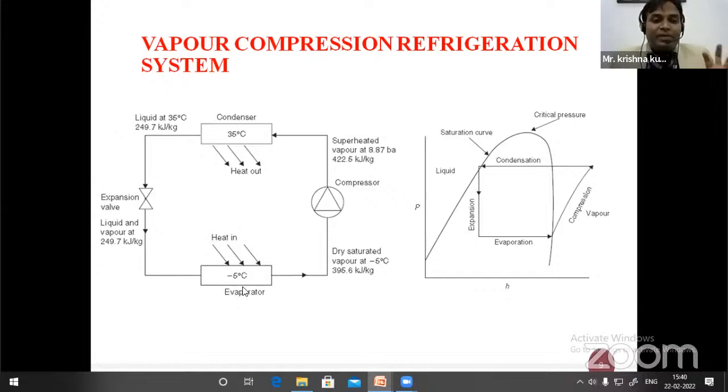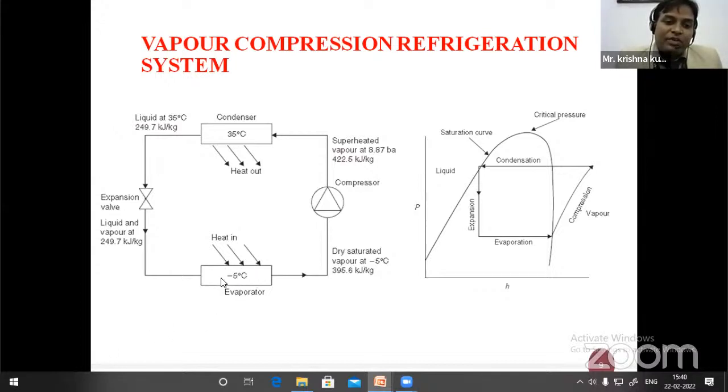And that refrigerant in the piping system is basically R134A. So the temperature of the refrigerant is reducing and increasing, and according to that our space is getting cooled. Here you can see the temperature of the refrigerant is 5 degree centigrade.